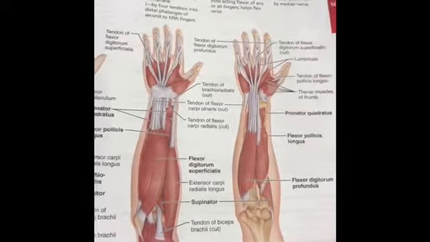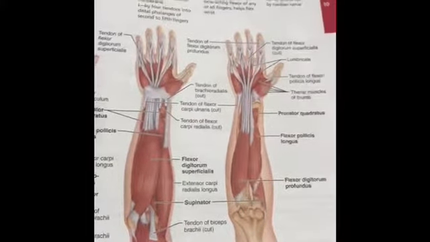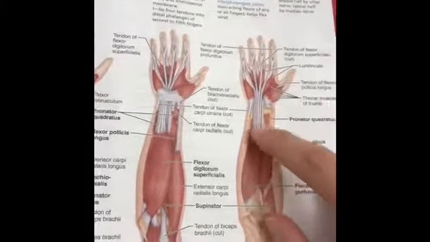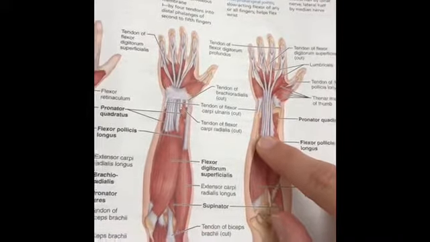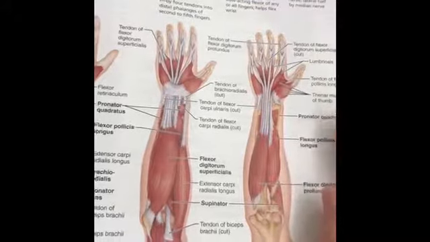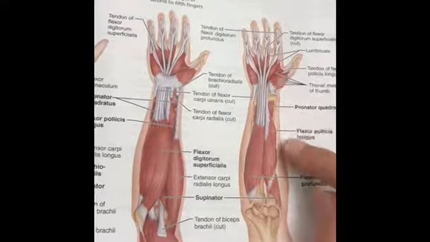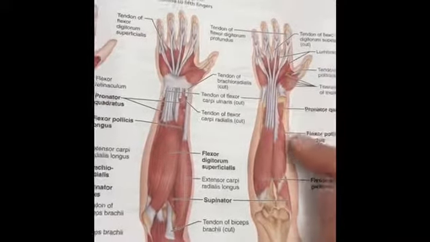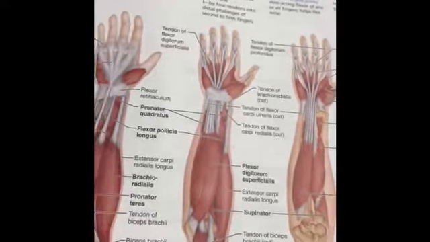The next muscle is the pronator quadratus, and the origin is the distal portion of the anterior ulnar surface, and the insertion is the anterior surface of the radius and distal end, and the action pronates the forearm.